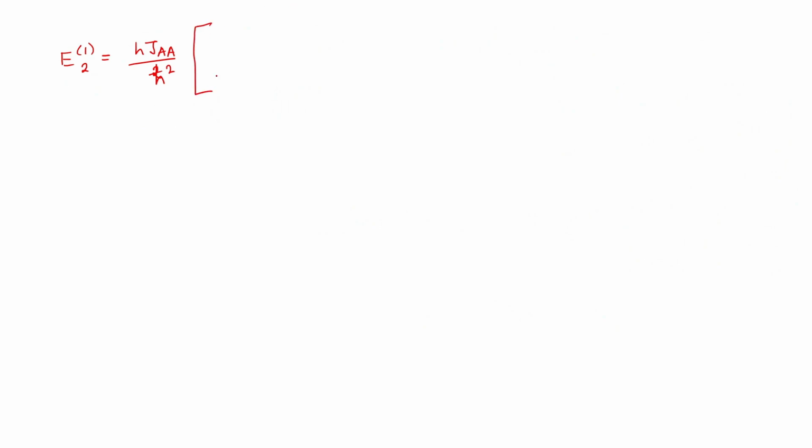Then 1 by root 2, alpha 1 beta 2 minus alpha 2 beta 1, right? Alpha 2 beta 1. Then we have that perturbation I1·I2, I1x I2x.